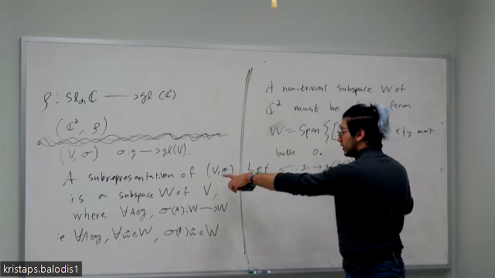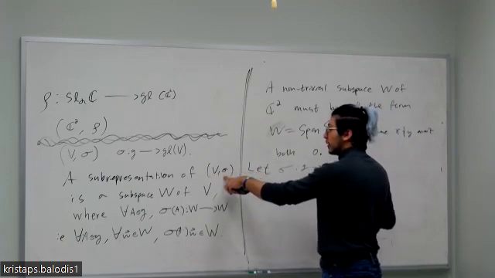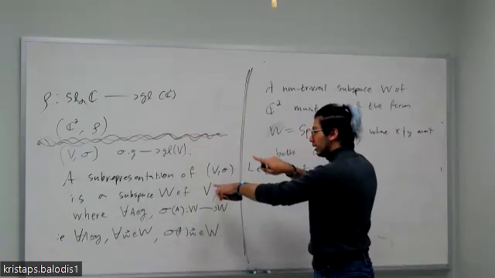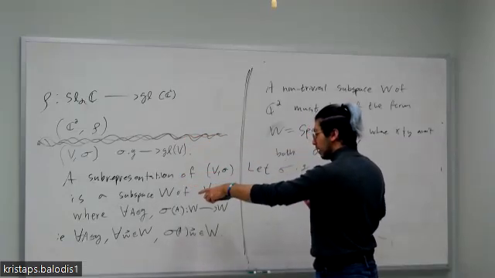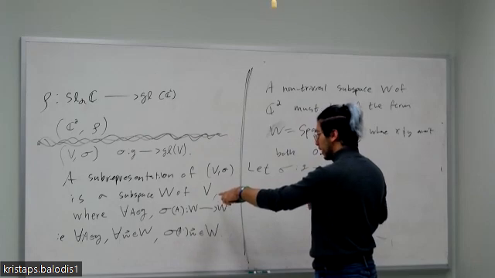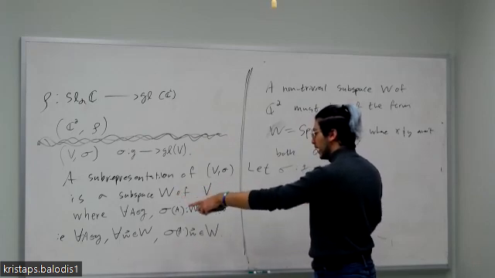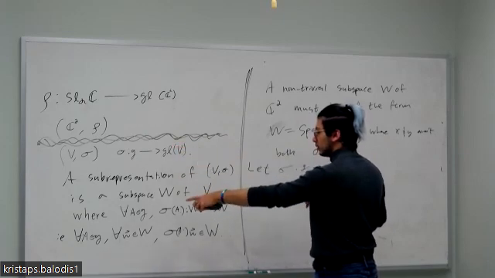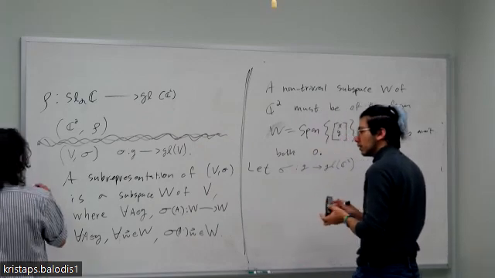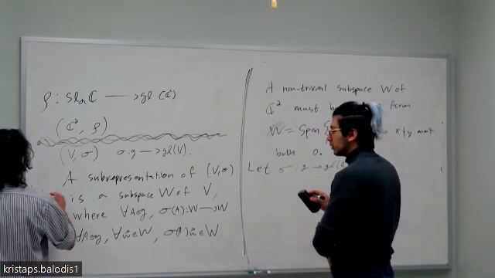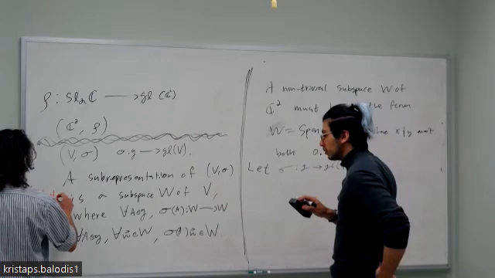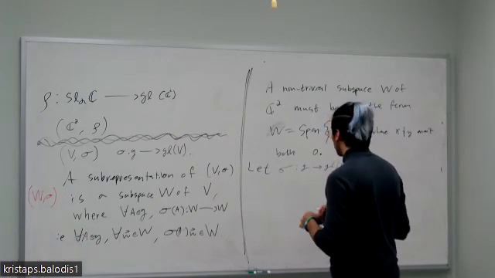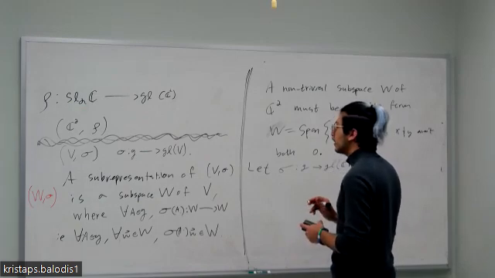A sub-representation of V, rho, is a subspace W of V where for all A in C2, and you're right, I should have specified that it's going to be W and sigma, the pair, right?